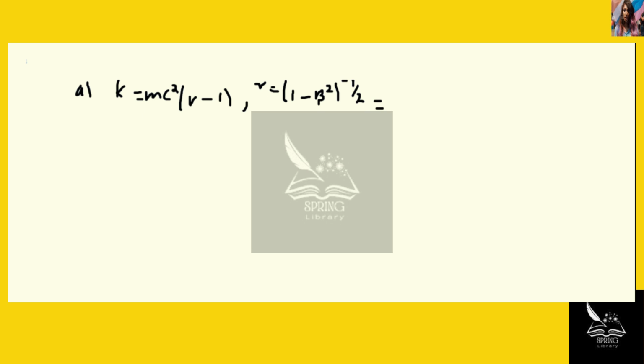Once we do the expansion, our term becomes 1 plus minus 1 over 2 into minus beta square, this is our second term, and then plus 1 over 2 into minus 1 over 2 into minus 1 over 2 minus 1.